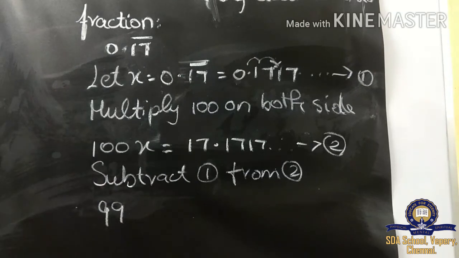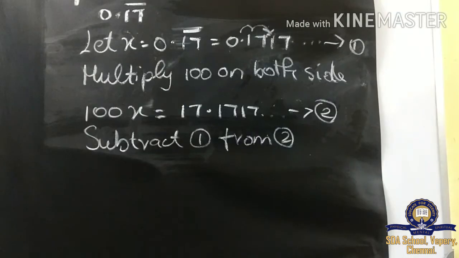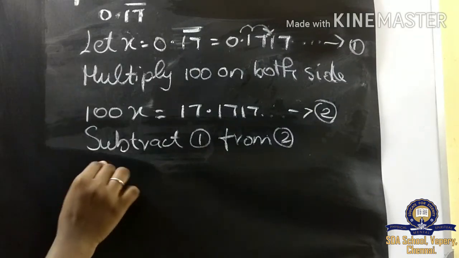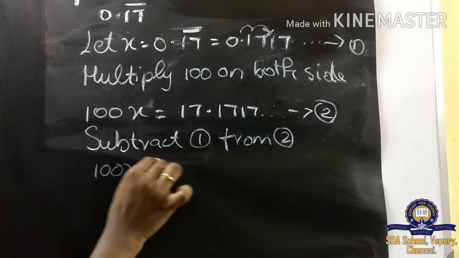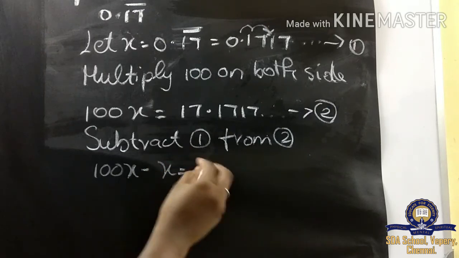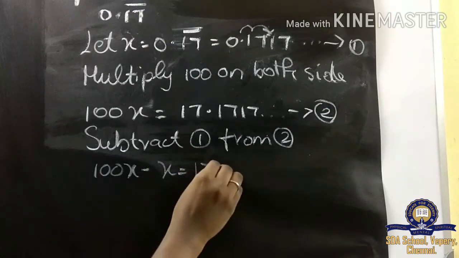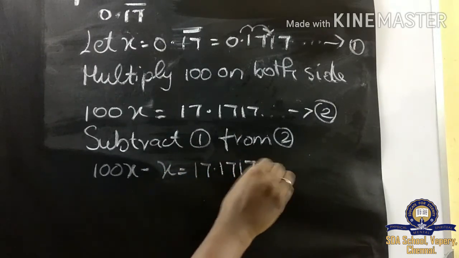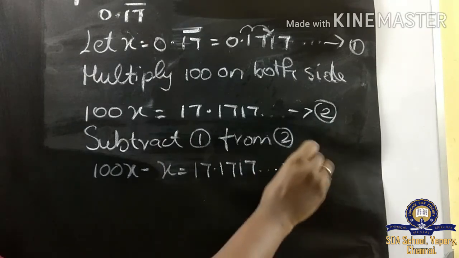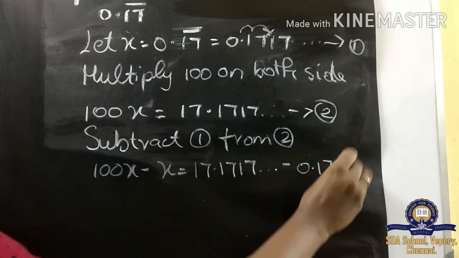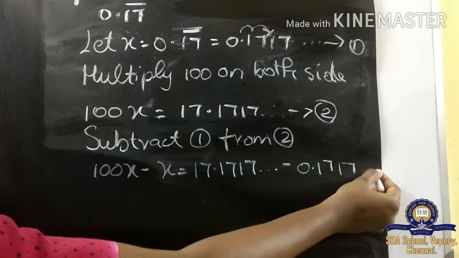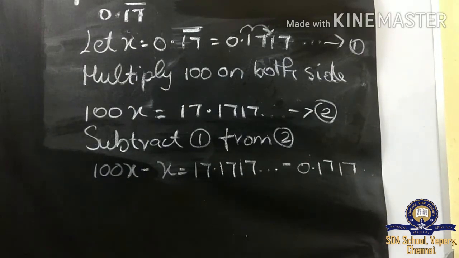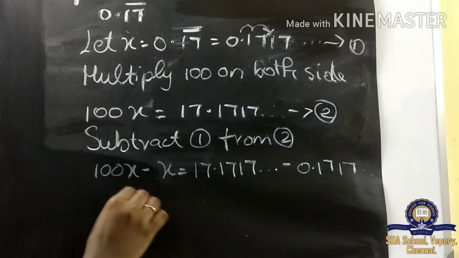Let's put it like this: 100x minus x is equal to 17.1717 and so on minus 0.1717 and so on. If you subtract 100x minus x, the answer will be 99x, right?